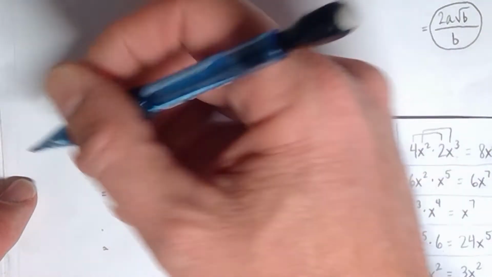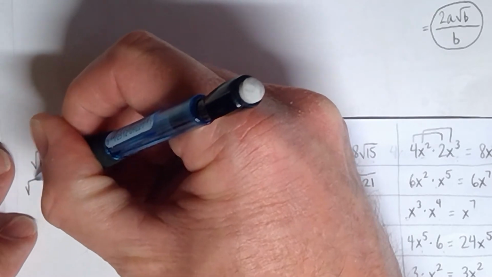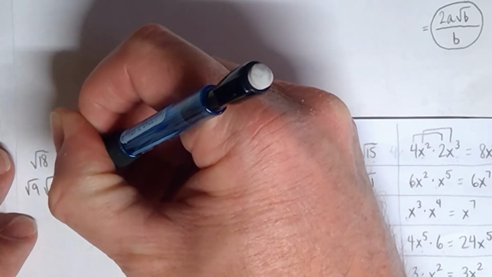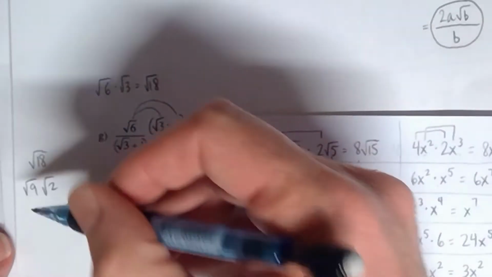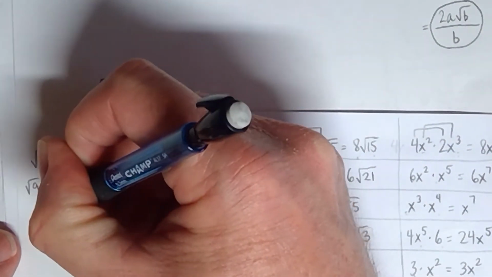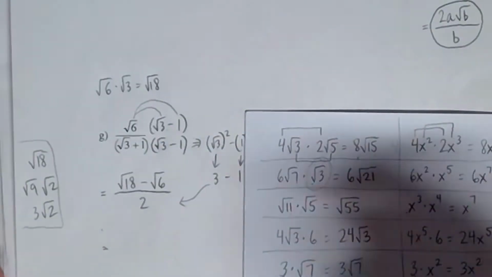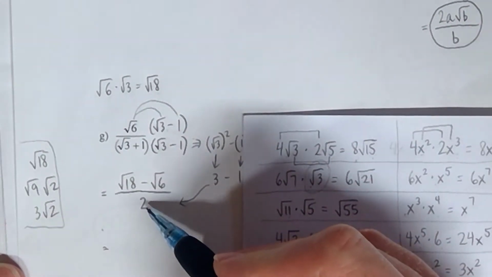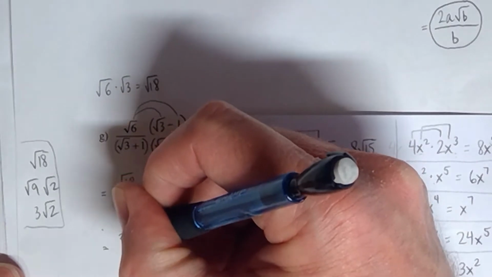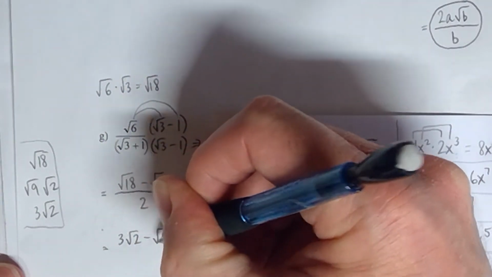The root 18 can be simplified. It ends up being 9 and 2, which after we compute that first radical is 3 root 2, isn't it? So after you make the denominator what it's supposed to be, you simplify your radicals, and we get this right here.